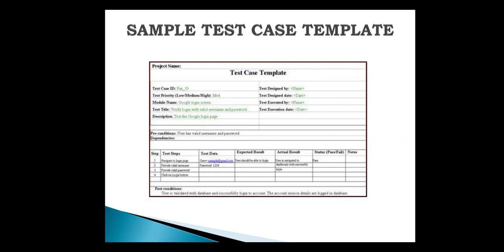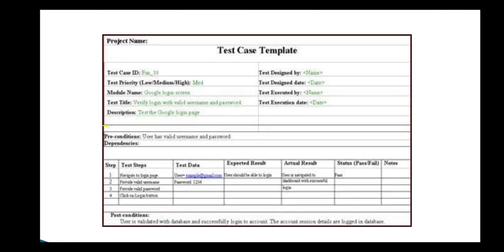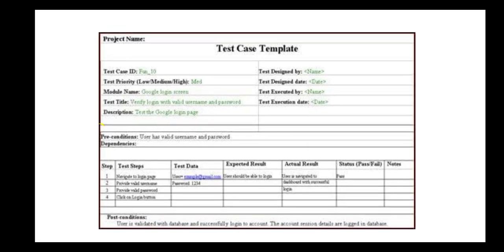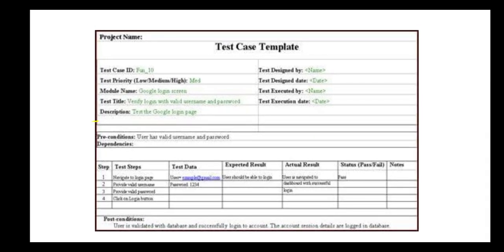So here is the basic or sample test case template. That template is quite blurry, but see these fields. I have already listed these fields in the next slides, and I'm going to explain those particular fields. But just see this structure of the test case template.